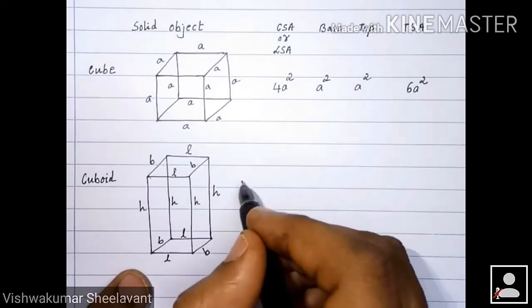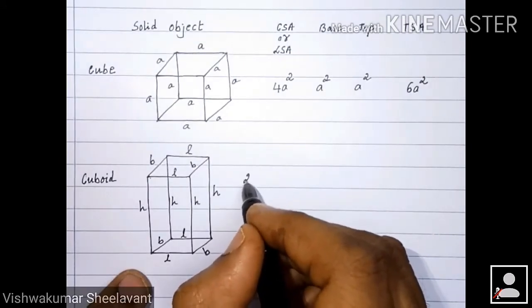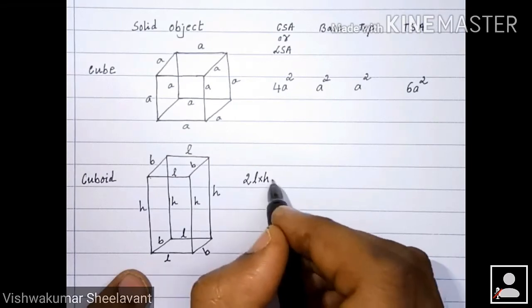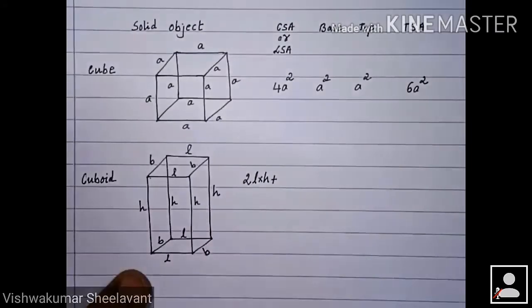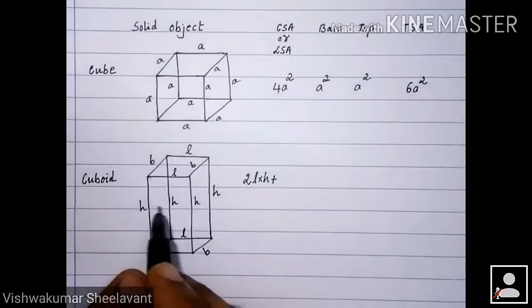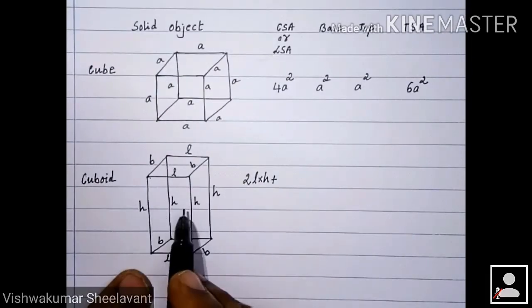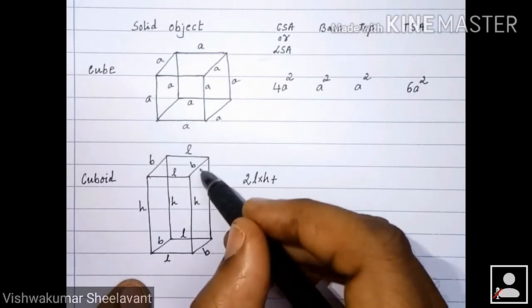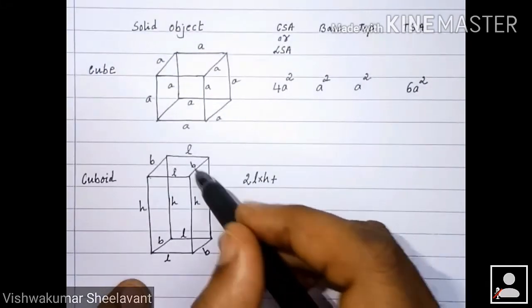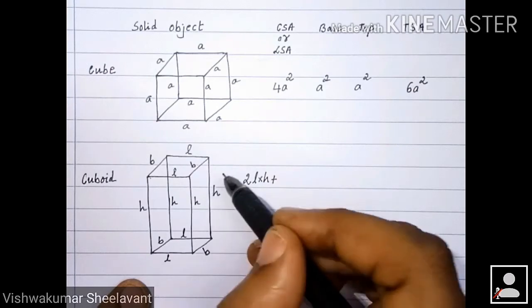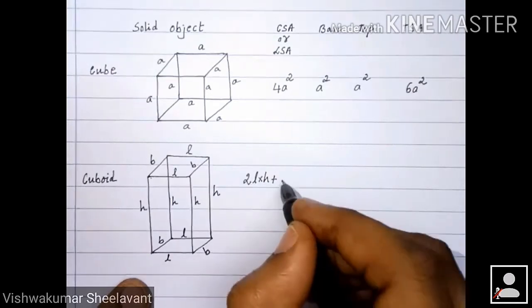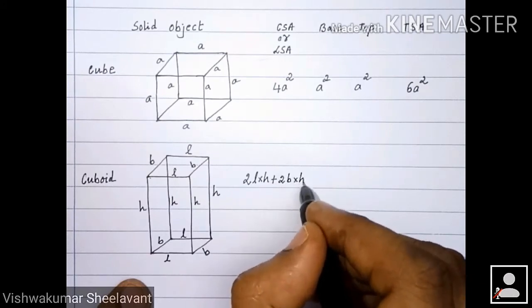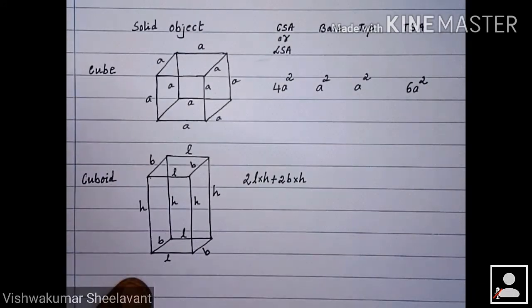So we get here 2 times L into H plus 2 side wall areas. The dimensions of side walls are B and H. So 2 times B into H. So what is this?